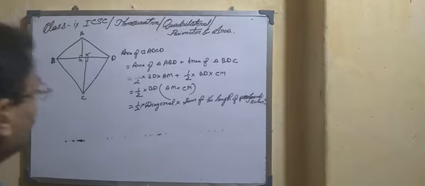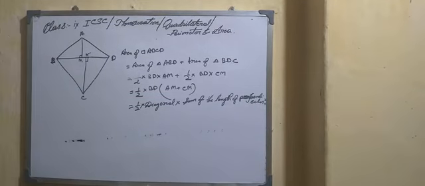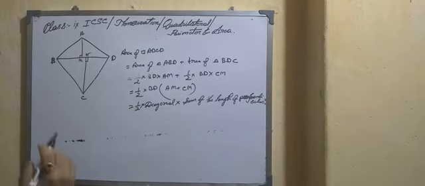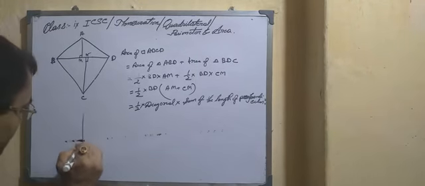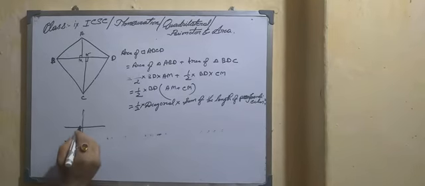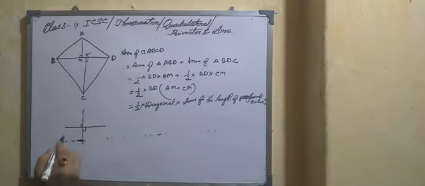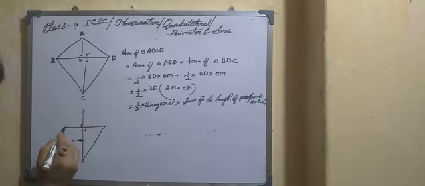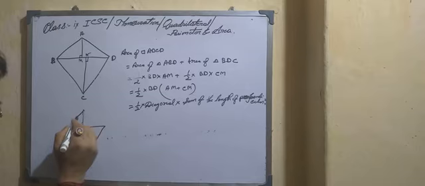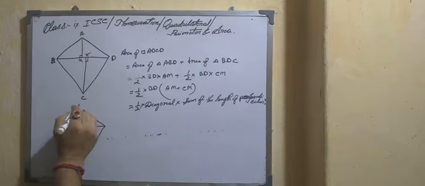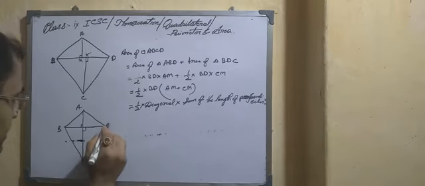Now the next problem: if two diagonals intersect each other perpendicularly. Let these be the two diagonals, which intersect each other perpendicularly. Same ABCD.